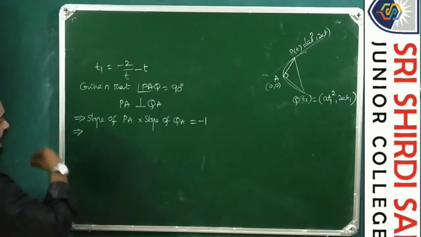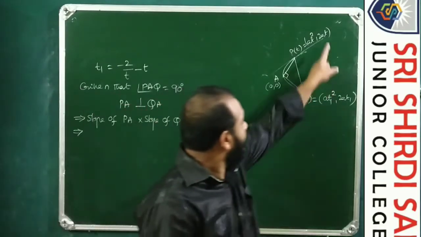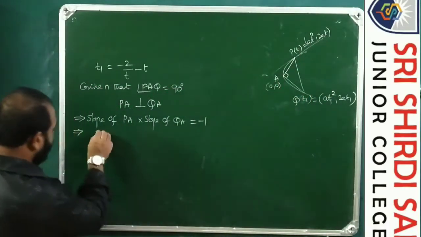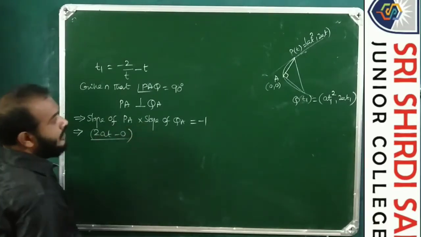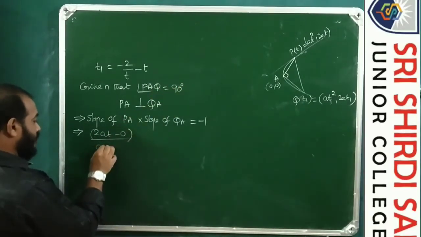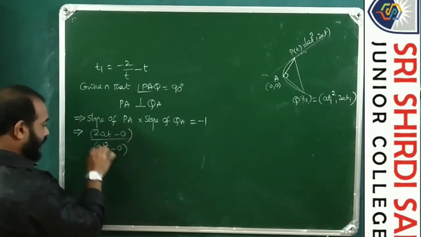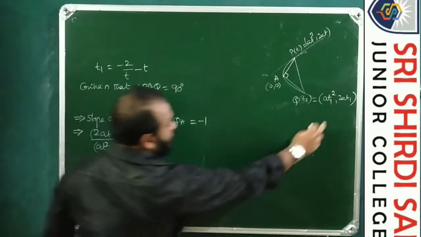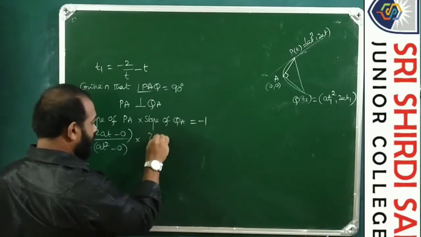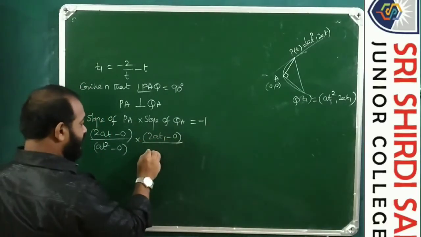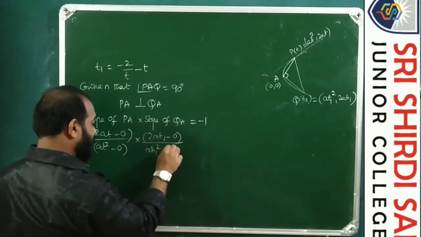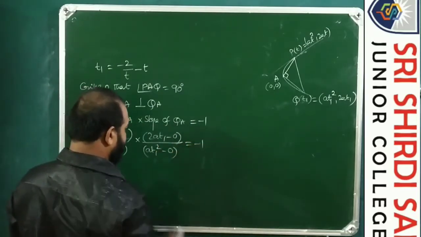Slope of PA is (2at minus 0) by (at square minus 0) into (2at1 minus 0) by (at1 square minus 0) is equal to minus 1.